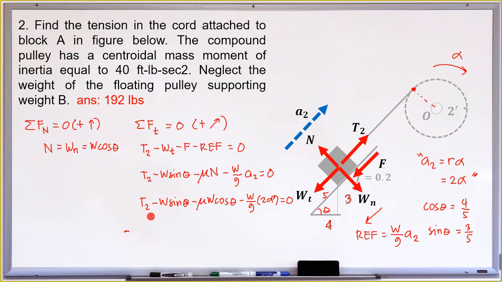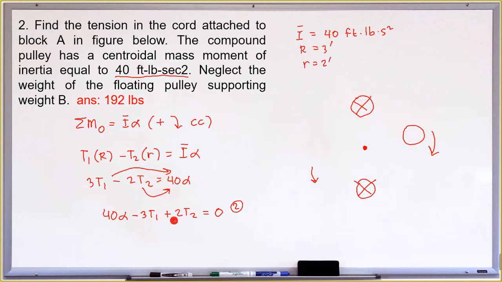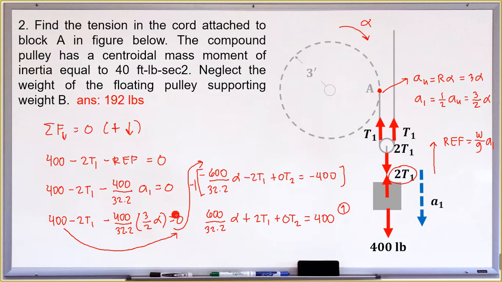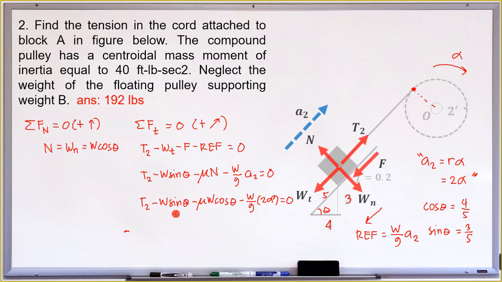I forgot to write the weight: 200 pounds. So we have negative 200 times 2, which is automatically 400 over 32.2, times alpha.